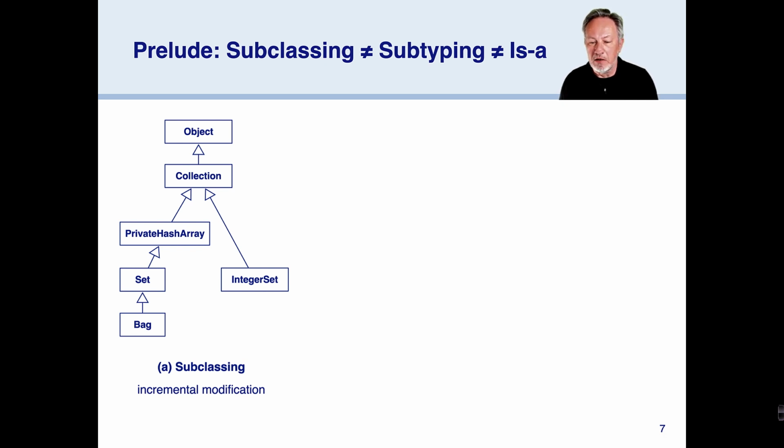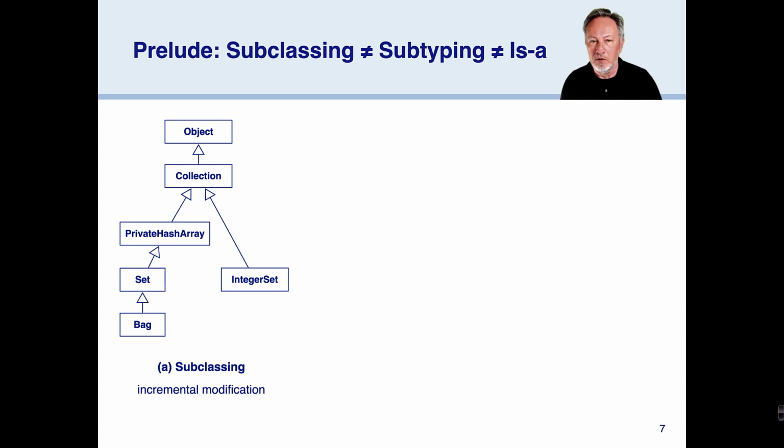Starting from the article by Lalonde and Pugh, they have a very interesting discussion of the relationship between subclassing, subtyping, and ISA, and how these are actually different things. So if you look at a collection hierarchy, there's one notion of subclassing, which is that which focuses on reuse or incremental modification.